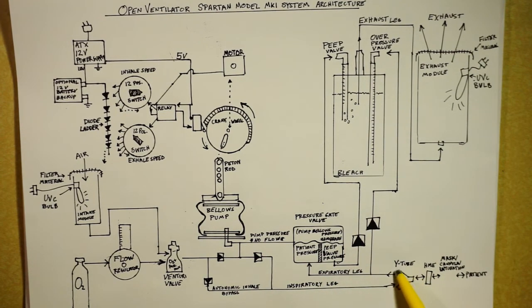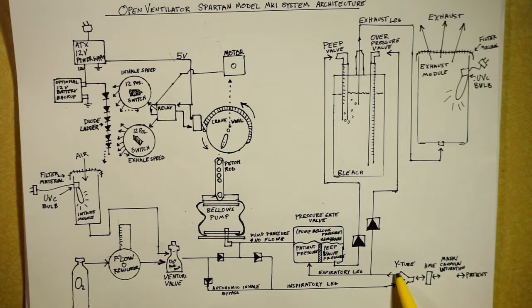Over here we have a Y tube or a T, a heat and moisture exchanger, which maintains moisture and heat on the patient side of this circuit. That's a commonly available and inexpensive medical part. And then a nasal cannula, intubation setup or mask, and then finally the patient.